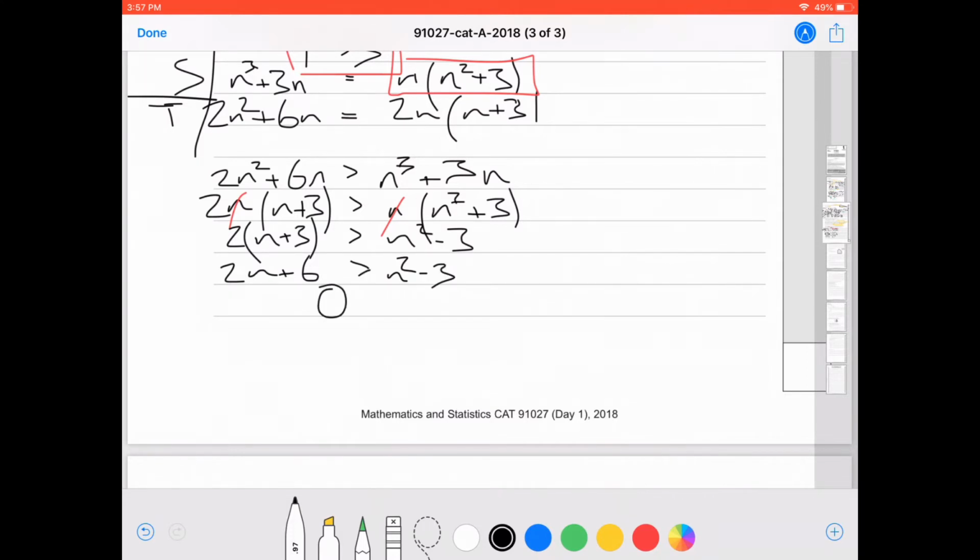Taking everything to one side, let's take everything to the right. I enjoy having the n squared term as a positive. N squared minus 2n, and then plus 3 minus 6. Just checking my notes, it's a positive 3. So positive 3 minus 6 is minus 3.